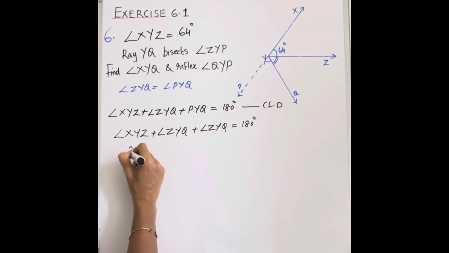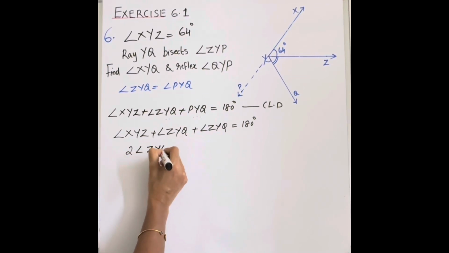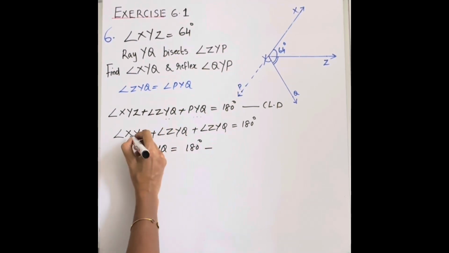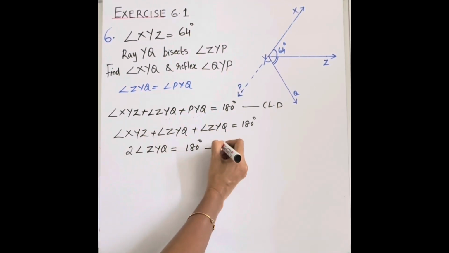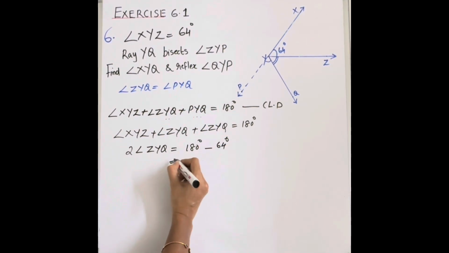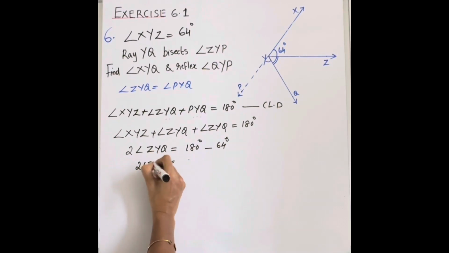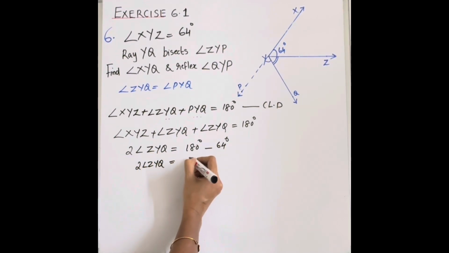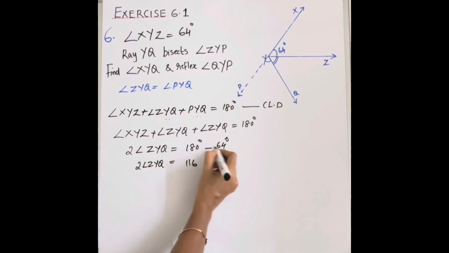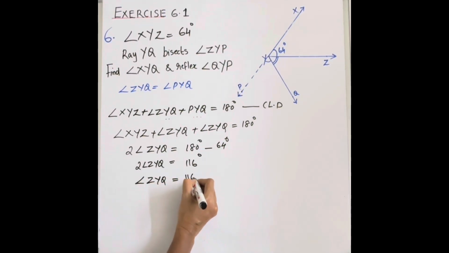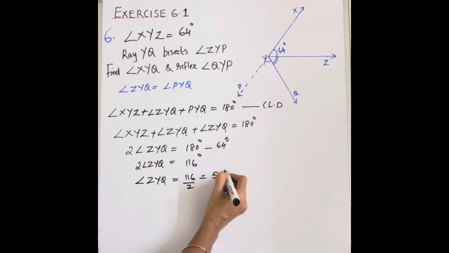So we can write 2 angle ZYQ is equal to 180 degrees minus, what is XYZ? It is 64 degrees, which gives 2 angle ZYQ is equal to 116 degrees. 180 minus 64 is 116 degrees, or angle ZYQ is equal to 116 by 2, which gives you 58 degrees.